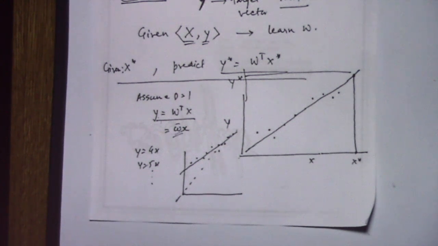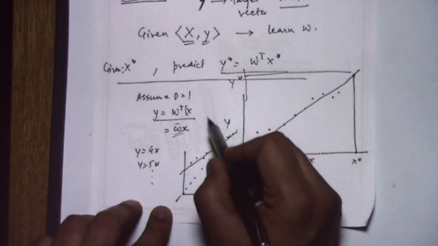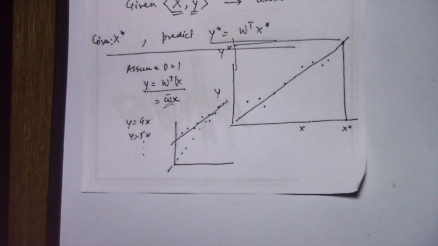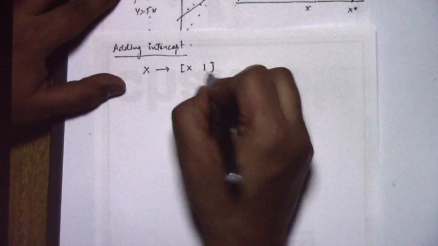Just like we do in perceptrons and neural networks, we add an intercept, which essentially means that we add another variable to x, another dimension, which is 1. Adding the intercept is done so that the line does not have to pass through the origin. So your x becomes whatever your x was, along with a 1.